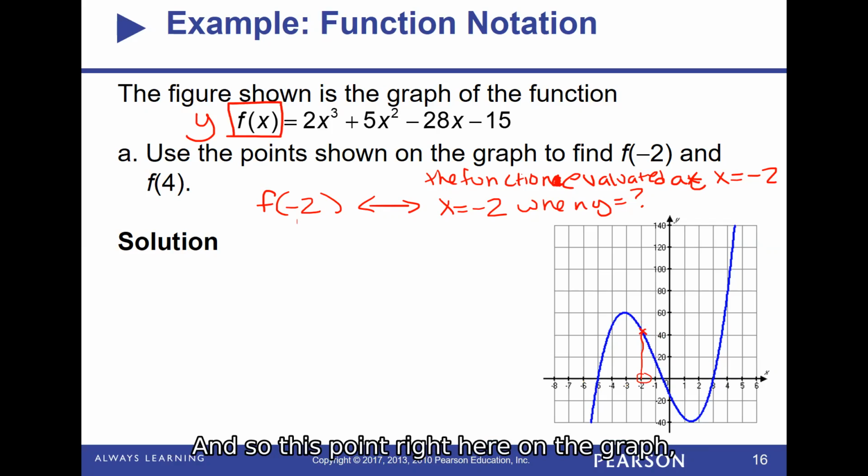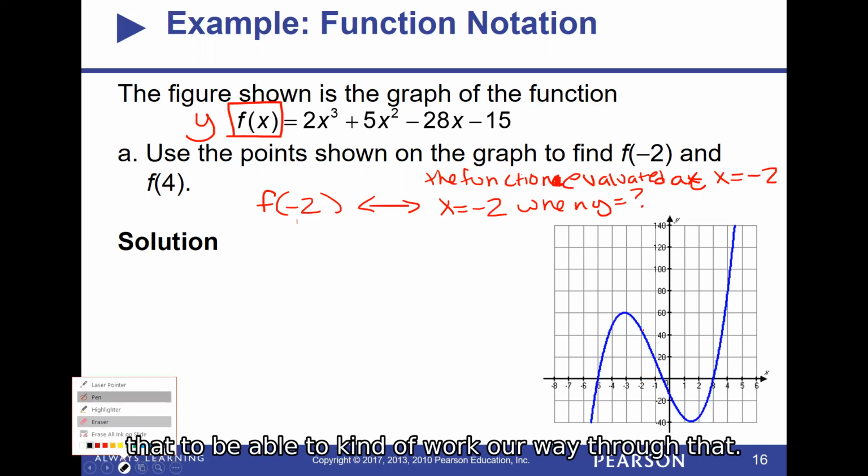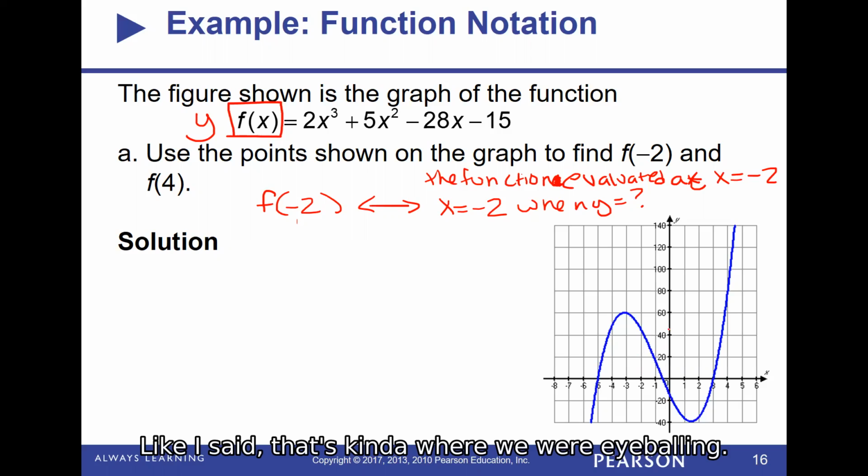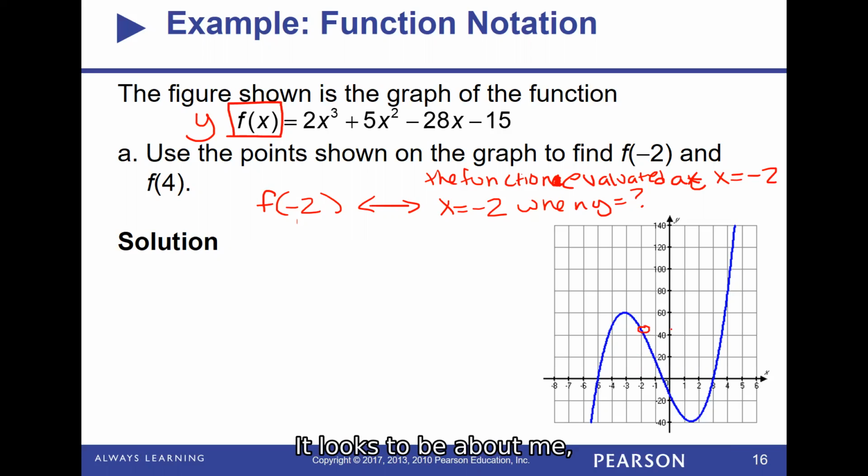And so this point right here on the graph, that is going to be that really nice f of negative 2. So now we need to know the y value of that to be able to work our way through that. And like I said, that's where we were eyeballing. It looks to be maybe 42, 43, not too close to 41, but maybe 42, 43.